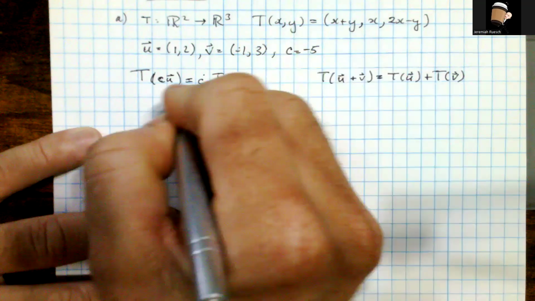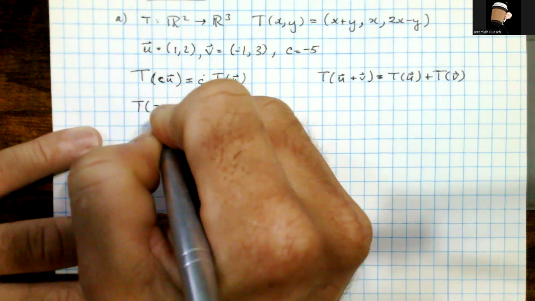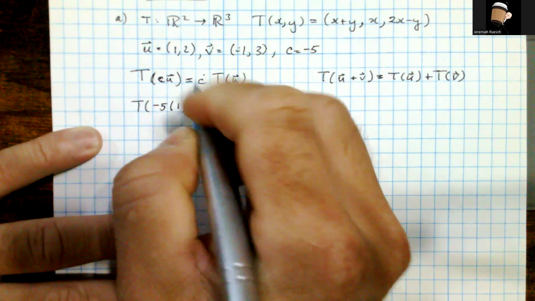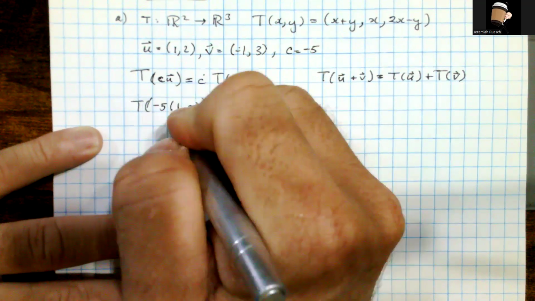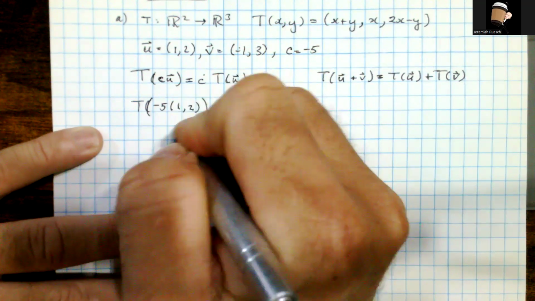So if we plug in, we're going to take c, which is negative 5, times the vector (1, 2). This would be (negative 5, negative 10).